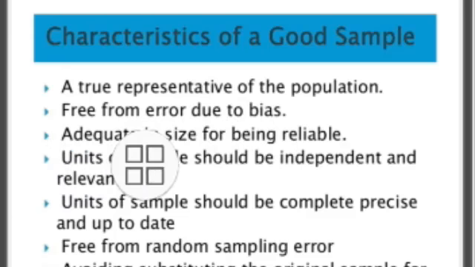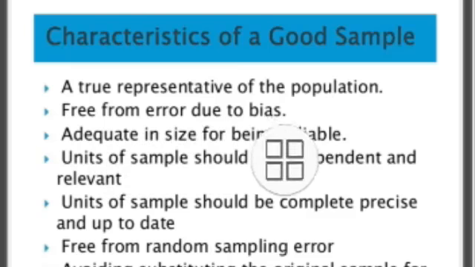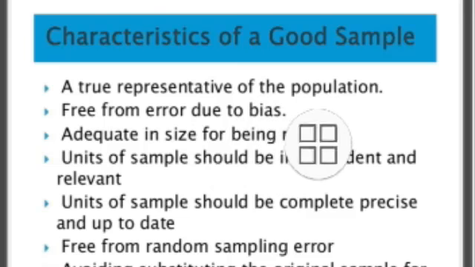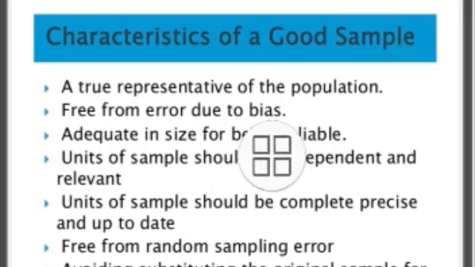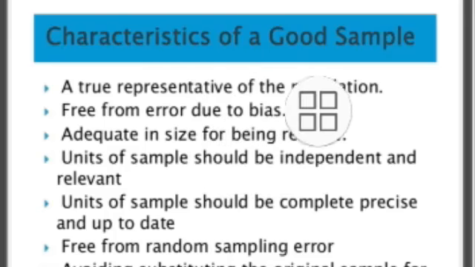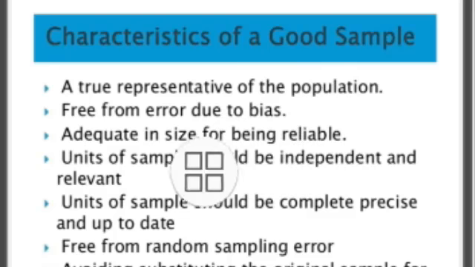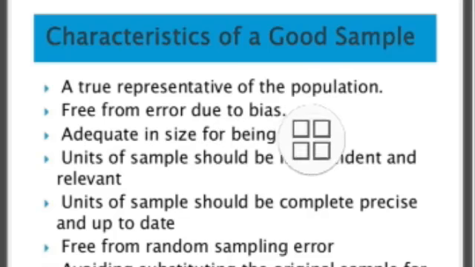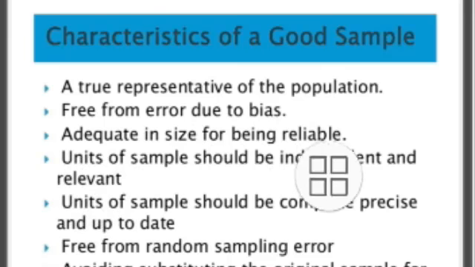Then it should be free from error due to bias. While selecting the sample, no nepotism and no favoritism should be there, and we must not ask questions of our close friends and relatives because they may give biased answers, always in favor of our business. And it should be adequate in size to be reliable.